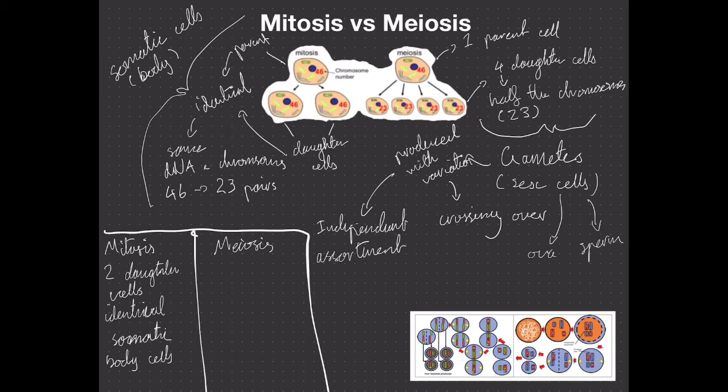Meiosis, on the other hand, we get four daughter cells. They have half the DNA, which is our 23 chromosomes. They produce our gametes, or sex cells.